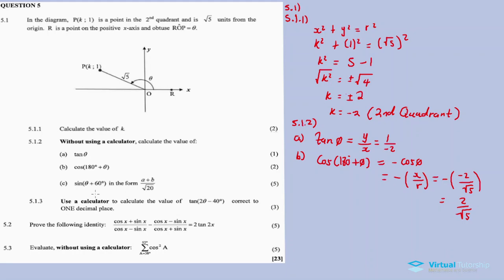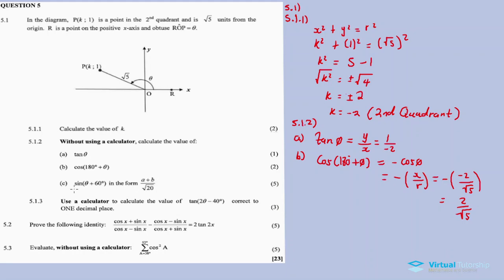Let's simplify into this form where on the numerator I have two values added, and on the denominator I have the square root of 20.